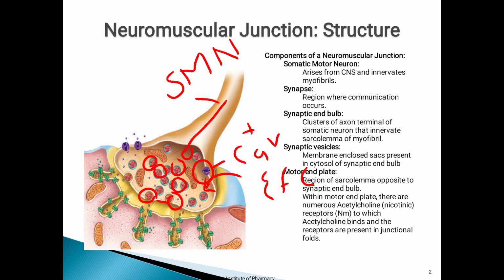Once they bind, the synaptic vesicles will burst and release acetylcholine, which is a neurotransmitter. Once the neurotransmitter is released from the synaptic end bulb, it is released into this area, which is called the synapse.